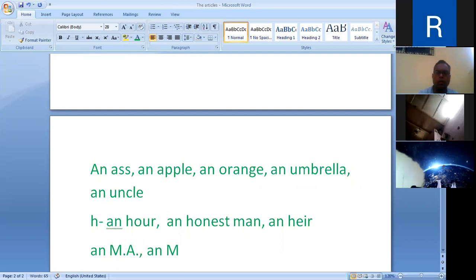Its initial sound is a vowel, so an is used. Then an SP.